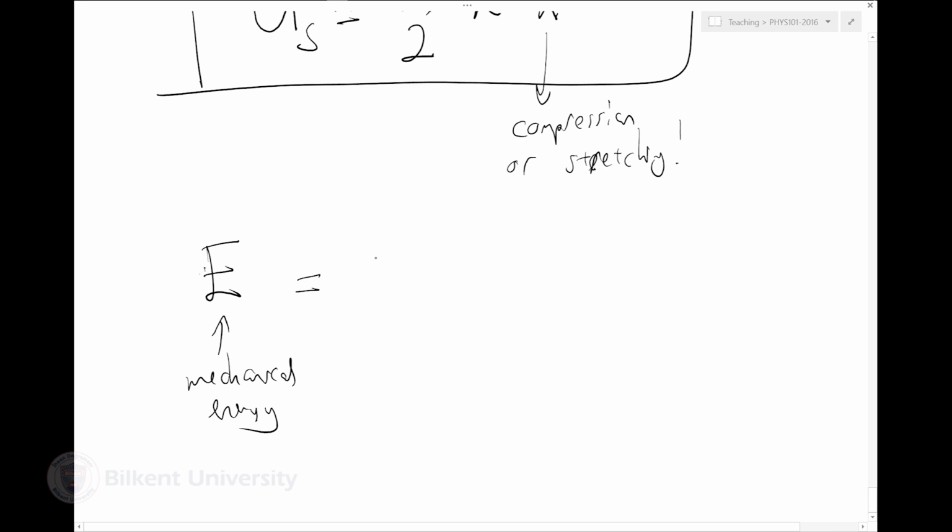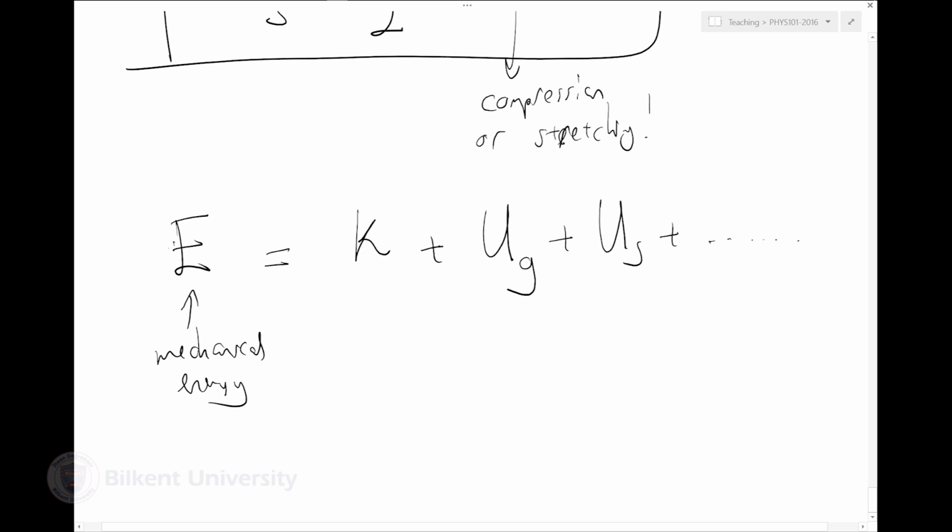I have the kinetic energy, plus I have the potential energy due to gravitation. I may have the potential energy of any compressed springs in the system, plus all the potentials due to conservative forces.